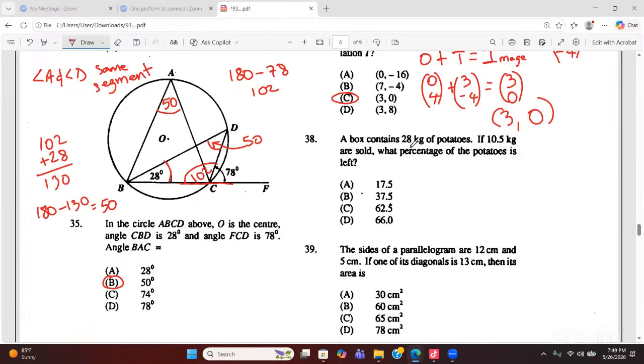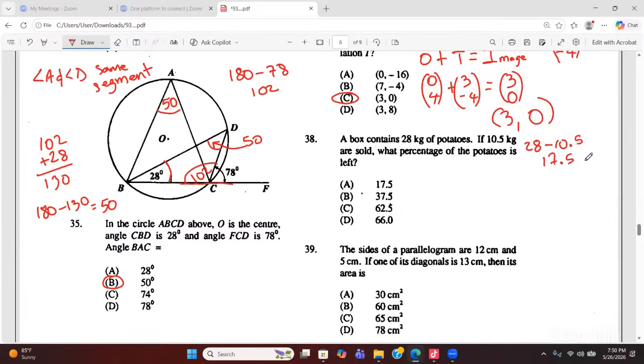It says a box contained 28 kilograms, and they took out 10.5 that were sold. What percentage of the potato is left? You can either find what percentage 10.5 is of this, or you can subtract it. If you take your 28 and minus 10.5, what you have is 17.5.